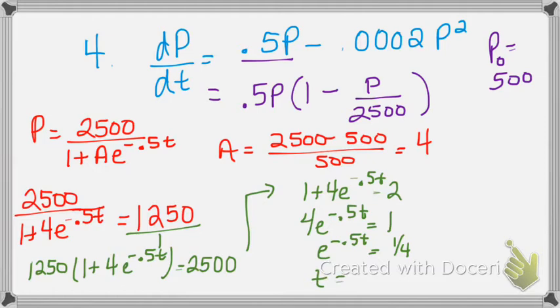Take the natural log and divide. So natural log of 1/4 divided by negative 0.5, and you get 2.772. And so this one is increasing the fastest at t equals 2.772. And A happened to be 4 here, and in the last problem, that won't always work out that way. It just happened to, the way that I set it up.